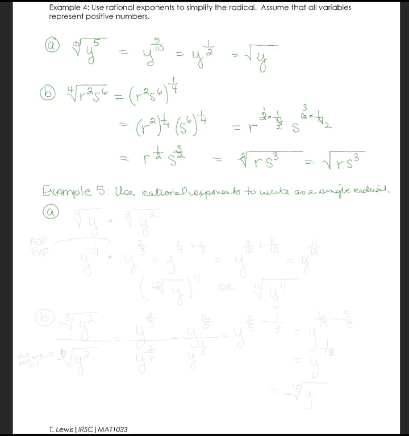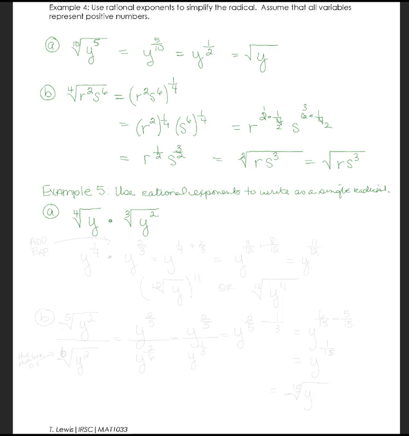Here we have the 4th root of y times the cube root of y squared. How are we going to simplify this? Our directions are telling us what we need to do. First we're going to write the radical as a rational exponent.